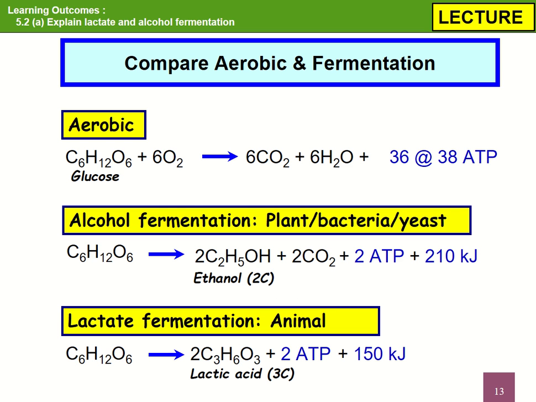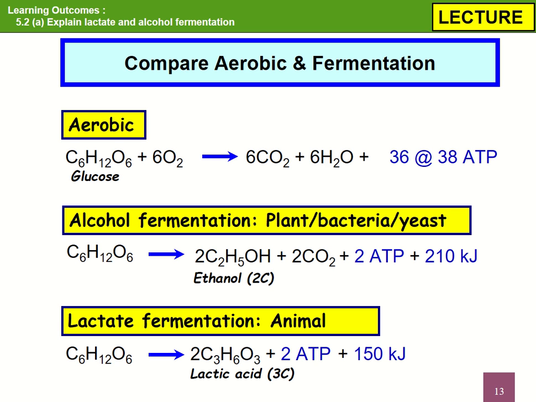Compare aerobic respiration and fermentation. In aerobic respiration, the process will produce 36 or 38 ATP. The products are carbon dioxide and H2O. In alcohol fermentation, which occurs in plant, bacteria, and yeast, only 2 ATP is produced, which is about 210 kJ.